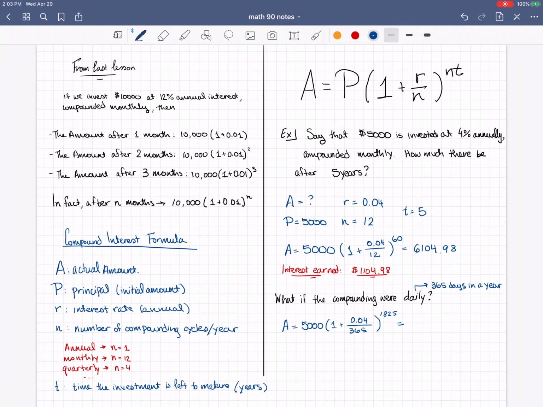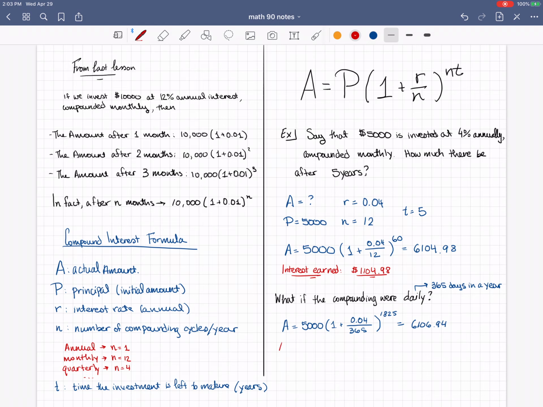So we have 0.04 divided by 365 plus 1. We're raising that to the 1825th power, and then we're multiplying it by 5,000. So the amount that you end up with is $6,106.94.